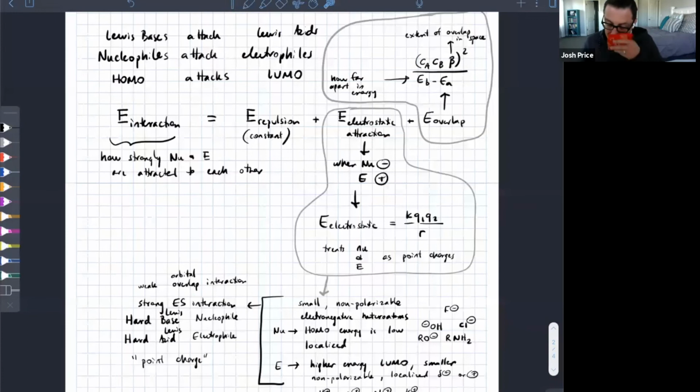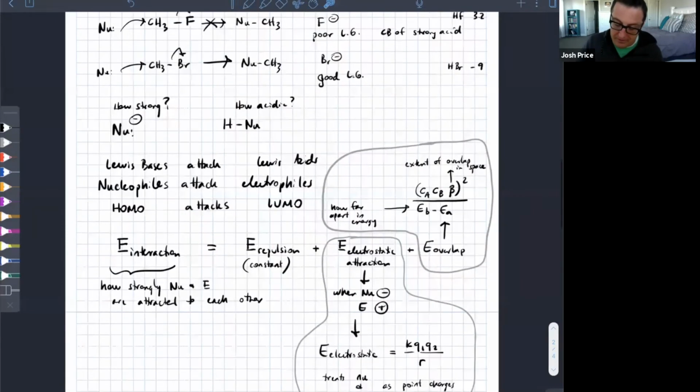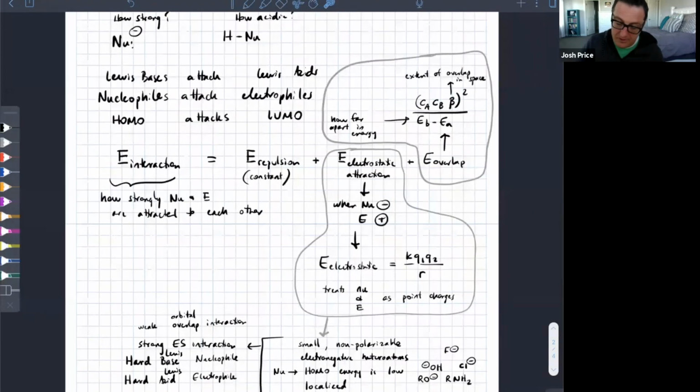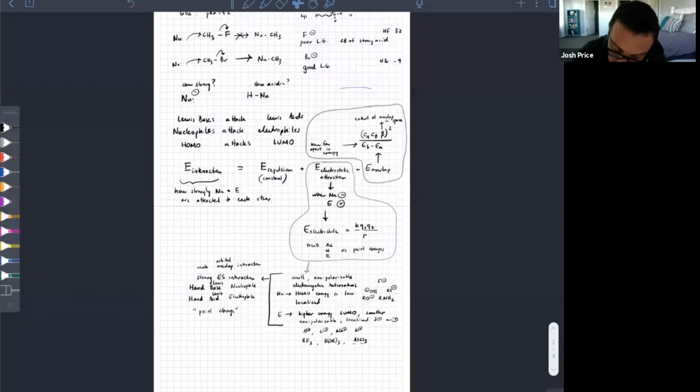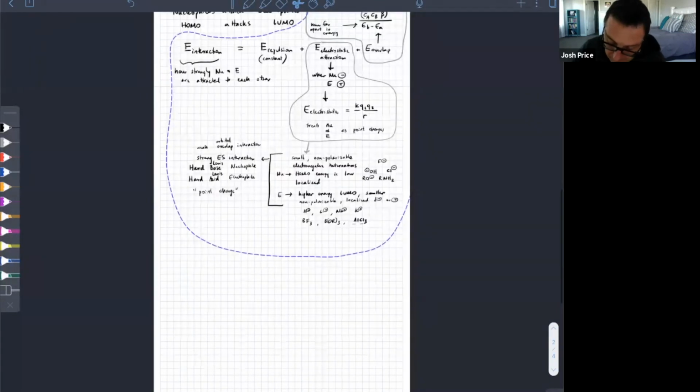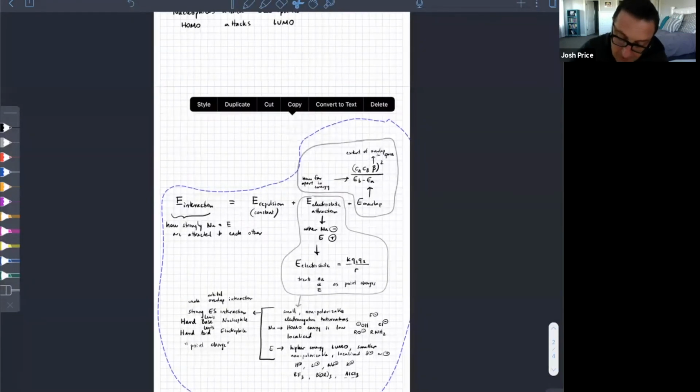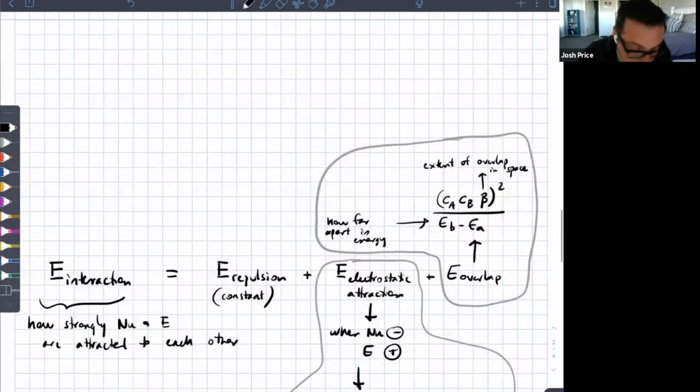Okay, so let's talk about the soft electrophiles. What do these tend to be? Well, they tend to be larger and more polarizable.